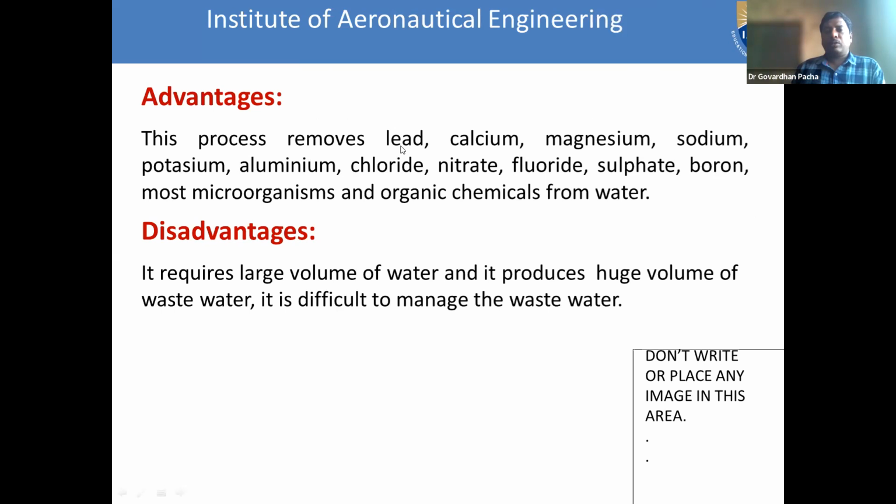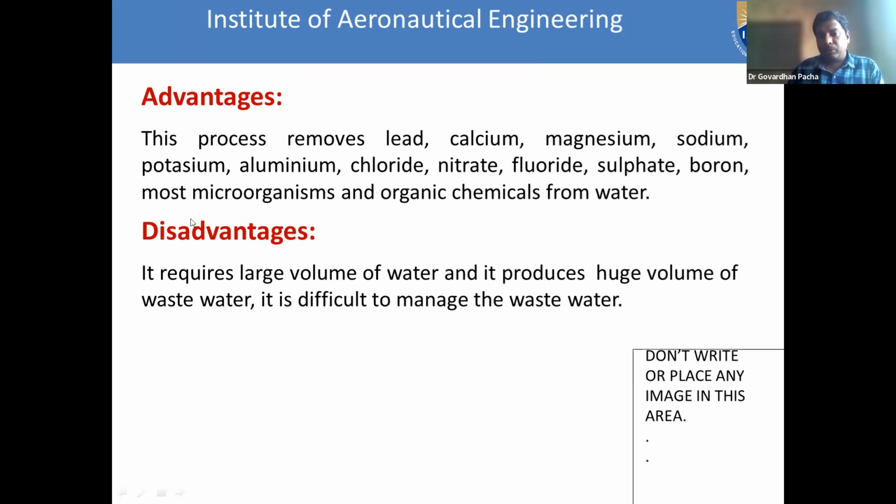This process removes lead, calcium, magnesium, sodium, potassium, aluminum, all of these cations. And the next ones, chloride, nitrate, fluoride, sulfate, boron, all of these are anions.